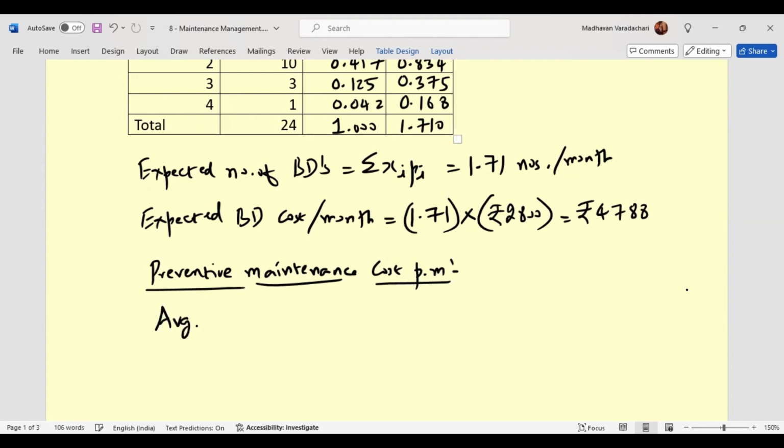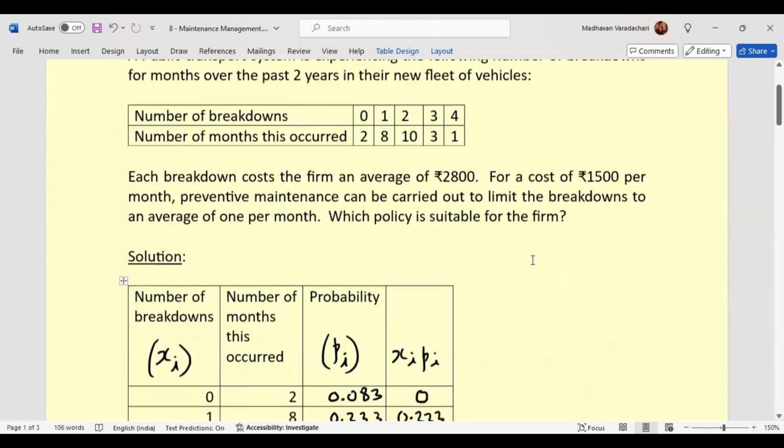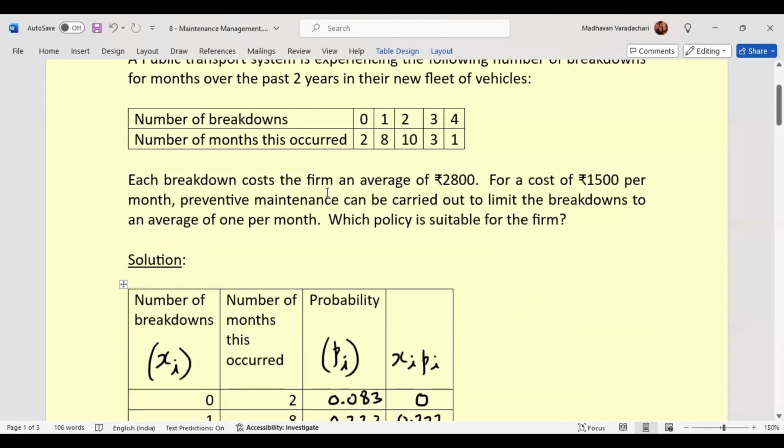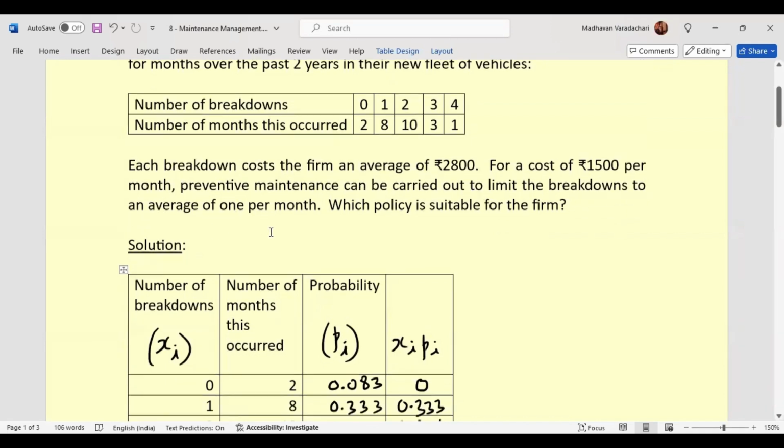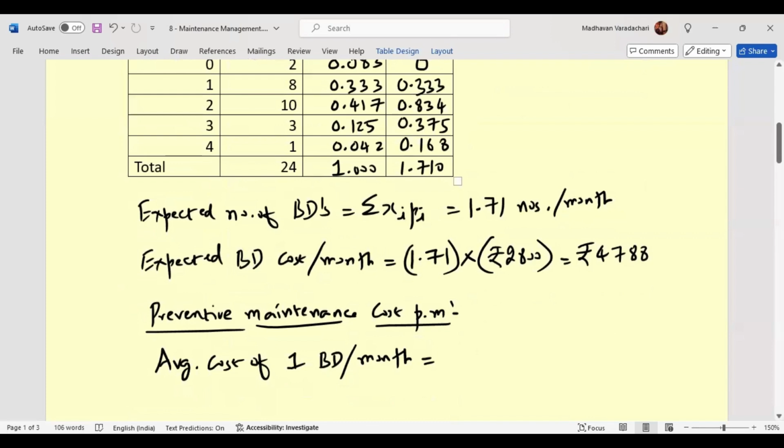First one, the average cost of one breakdown per month is, because when you do preventive maintenance, it says to limit the breakdowns. Preventive maintenance can be carried out to limit the breakdowns to an average of one per month. So that cost we are considering is rupees 2,800.